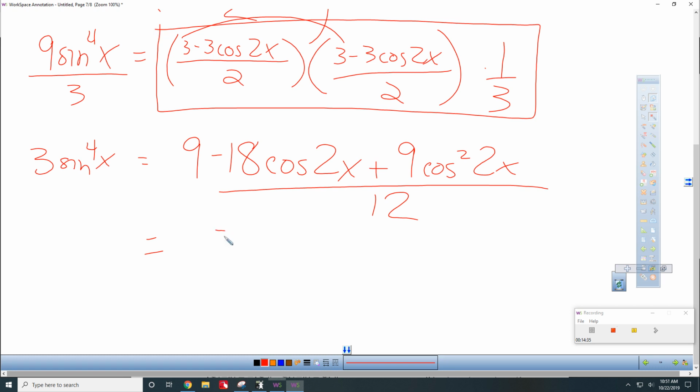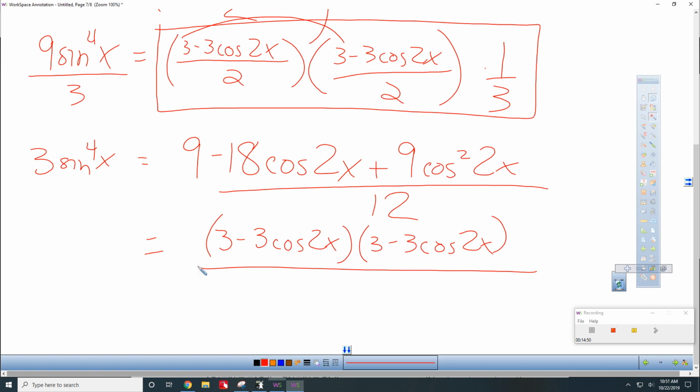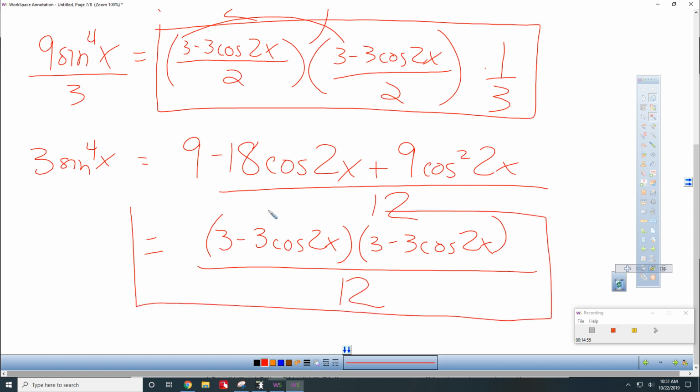Just write it as (3 minus 3 cosine of 2x) times (3 minus 3 cosine of 2x) all over 12. I think that might be sufficient because none of those involve a trig function to a power. Otherwise, we'd have to use the power reducing formula on that again, and I'm just not going to do that right now. Do your best on the homework, as we said. We're just trying to get ourselves introduced to this stuff. Come see me for help. Boom!